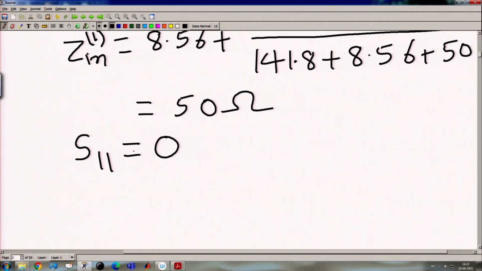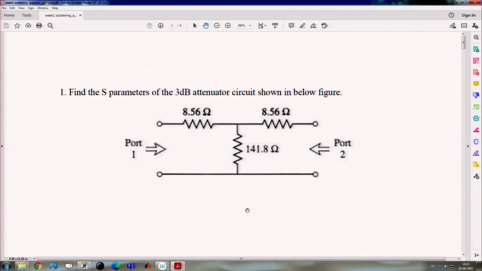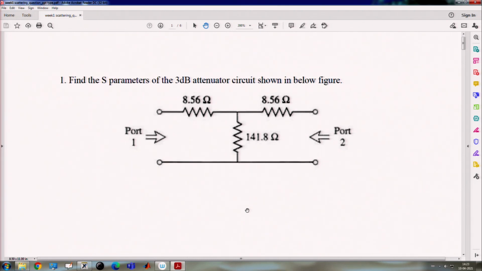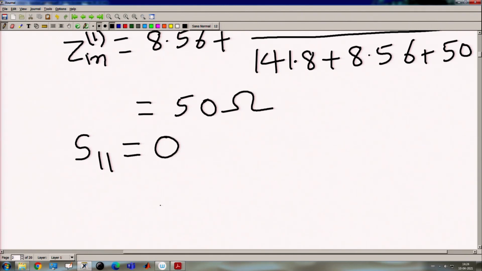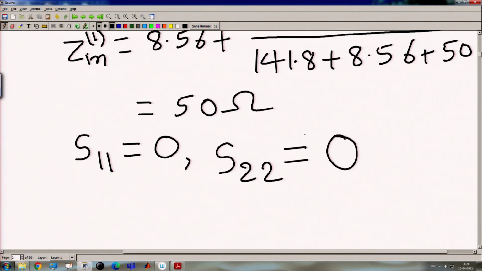Now, we can see in the question that this network is symmetrical. When we see from port 1 or from port 2, we see the same thing, like a symmetrical network. So, by the same process S22 will also be equal to 0.